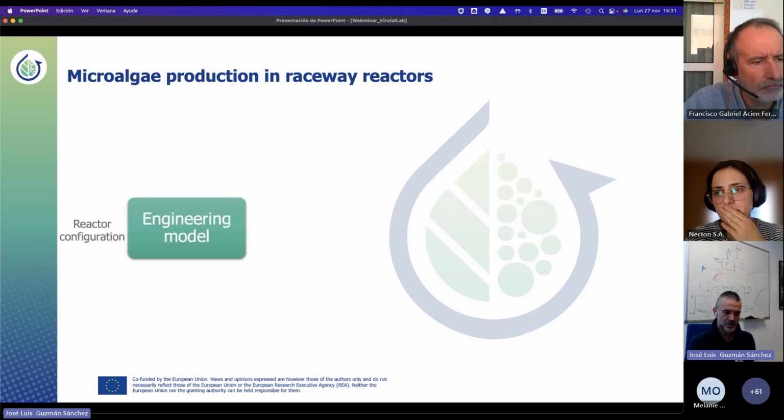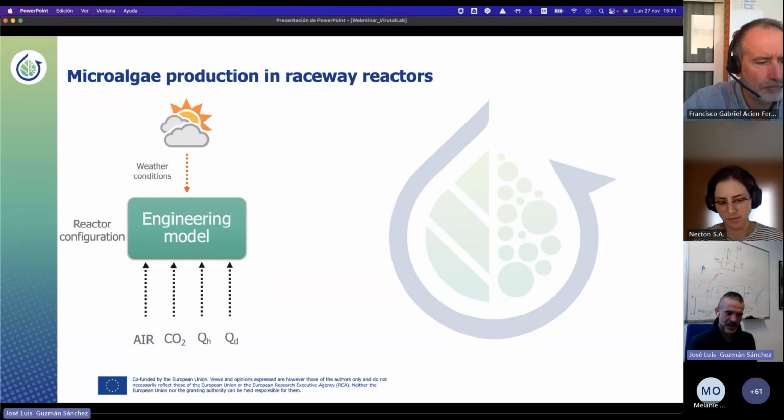A first part is called the engineering model, which tries to represent what happens according to the reactor configuration we have. This model has as inputs the weather conditions and the different manipulated inputs we can modify in the system, like the air injection, CO2 injection, or harvesting and dilution rate.